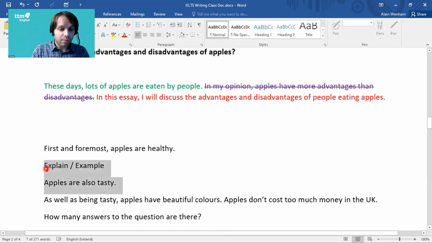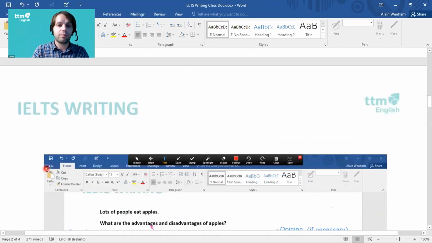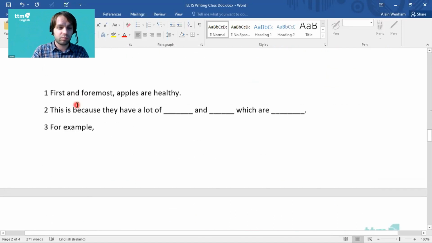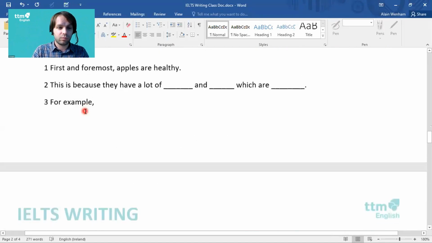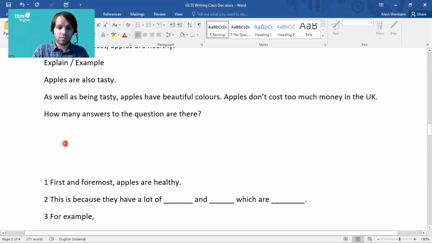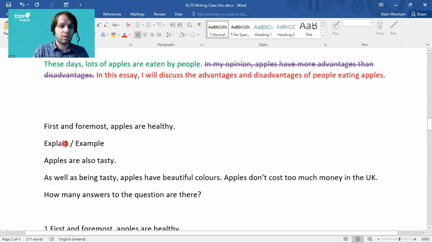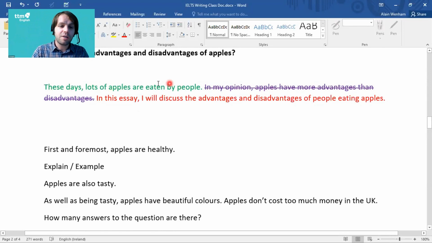Yeah, this is what you guys were saying, right? Here we go. So here's my introduction, here's my paragraph. This is paragraph 2.